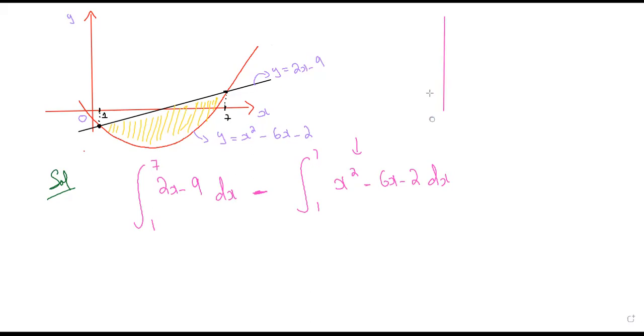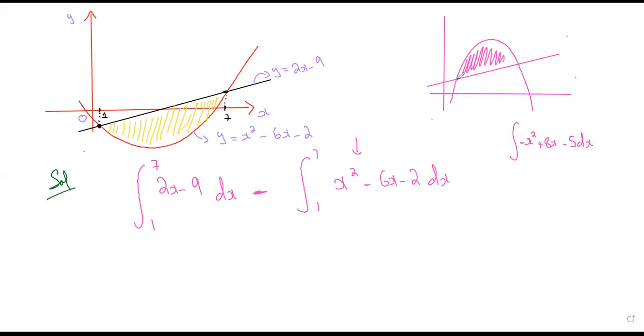I'll talk about the previous scenario, the example that we have just done. We could have used the same thing for that as well. The parabola was above, and then this was the line, and this was the area. In that case, we are supposed to integrate the parabola, minus 6x squared plus 8x minus 5 with respect to x.